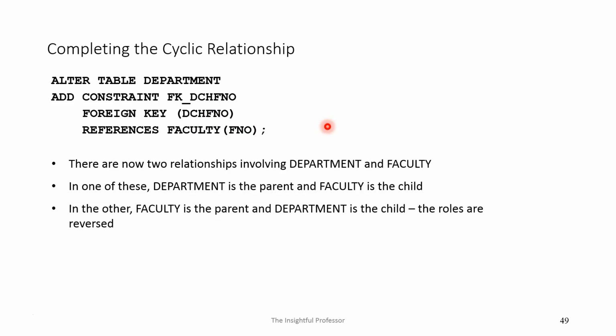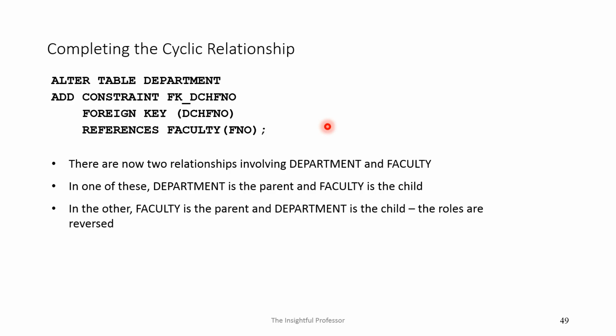So the alter table is very handy, but the cyclic relationship can be a bit tricky to deal with in creating the table. It can also be a bit tricky when you go and populate the data. Because remember, when you're dealing with referential integrity, if you insert an entire row in the department table and faculty has not yet been populated, then when you assign a faculty number, it's going to be rejected because it can't validate it.